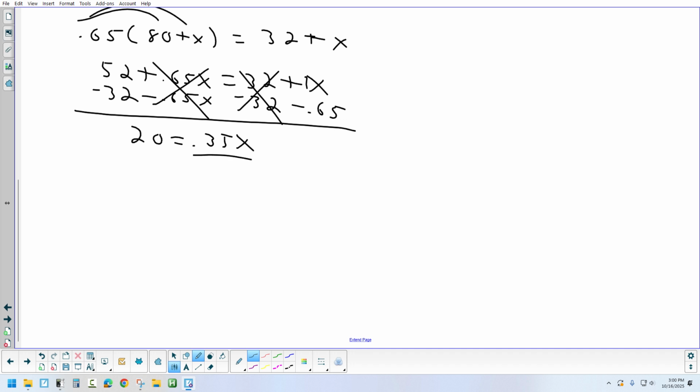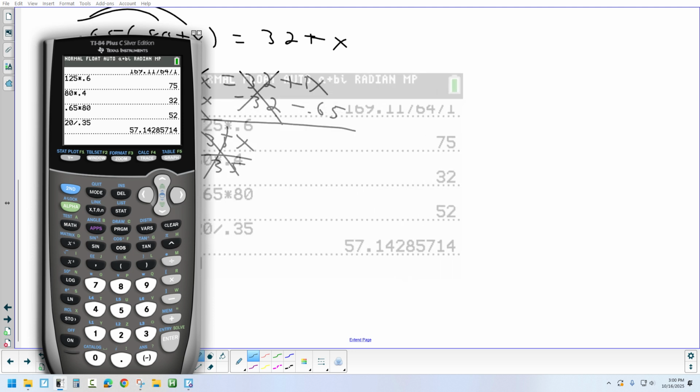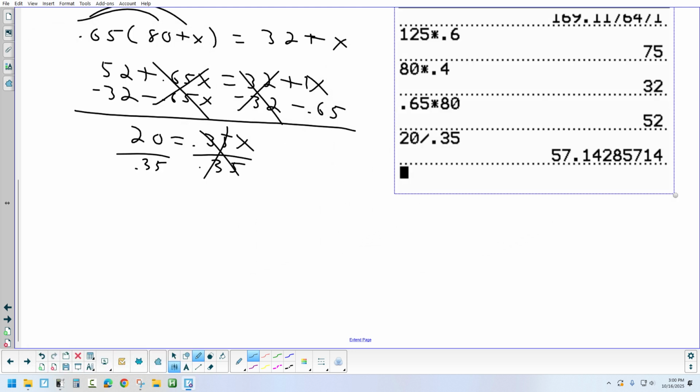Yep, divide by 0.35. And this will tell us how much acid we have to add to the mixture. So 20 divided by 0.35. So we need 57.1 ounces. That's how much we need to add.